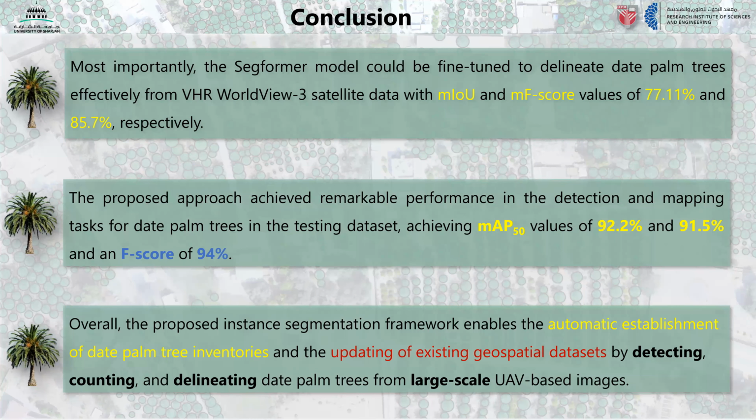So overall, the proposed instance segmentation framework could be used to establish date palm tree inventories, update existing geodatabases, and automatically detect, count, and delineate date palm trees from large-scale UAV images.